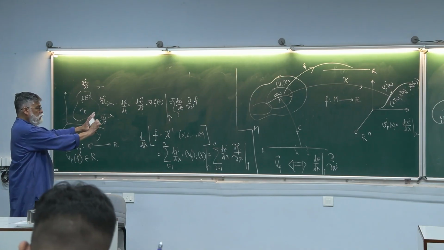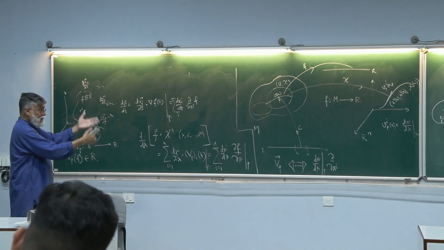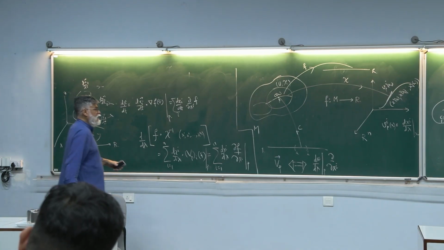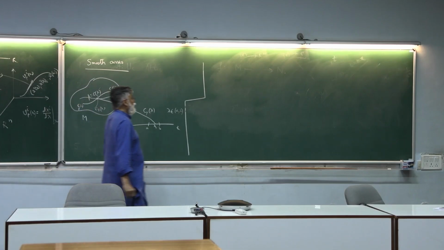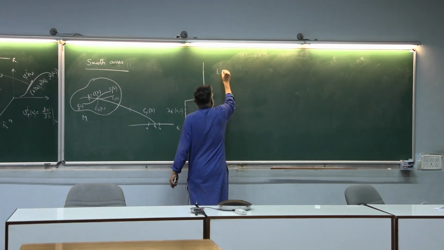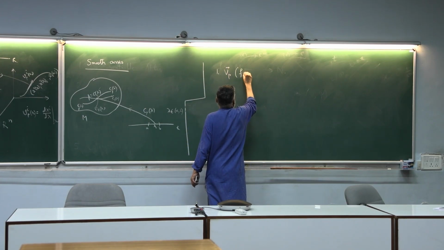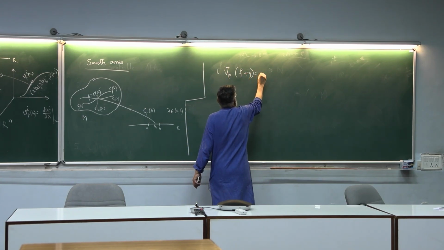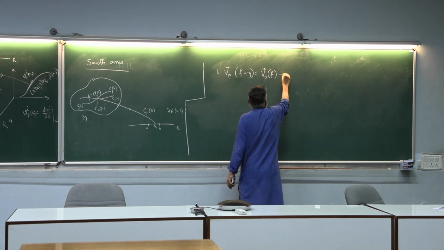Right. So, now we have established this, we can immediately ascertain certain properties. First property: V_P is a linear operator. That means V_P acting on f plus g is simply V_P acting on f plus V_P acting on g.